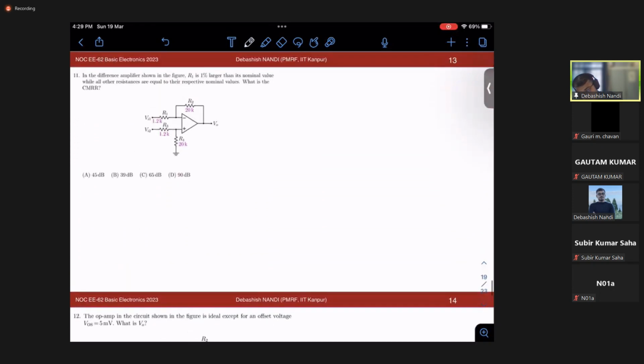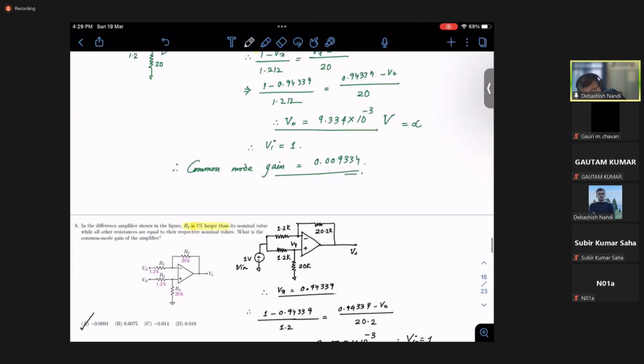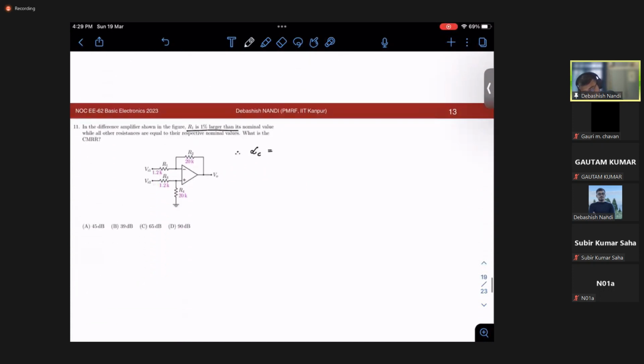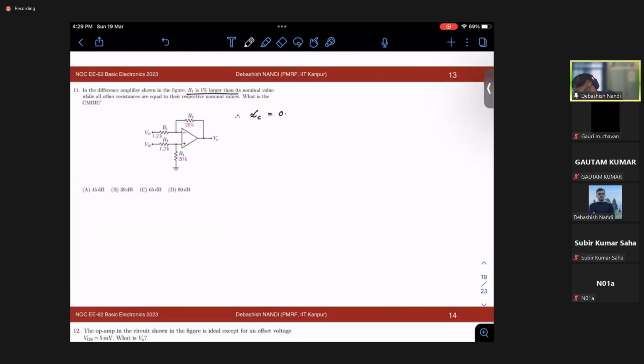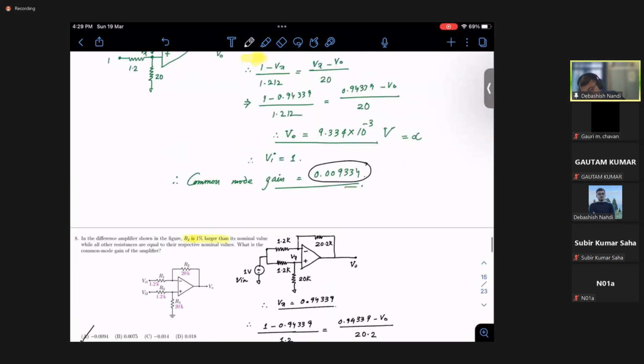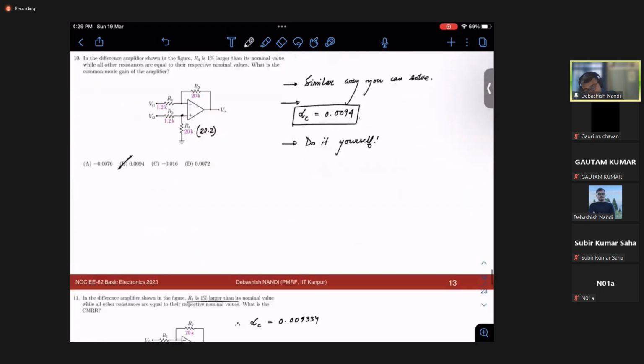It was this one, right? 0.009334. Or simply let me take whatever value is written in the answer. Just let me take this much. Okay, this was your common mode gain.